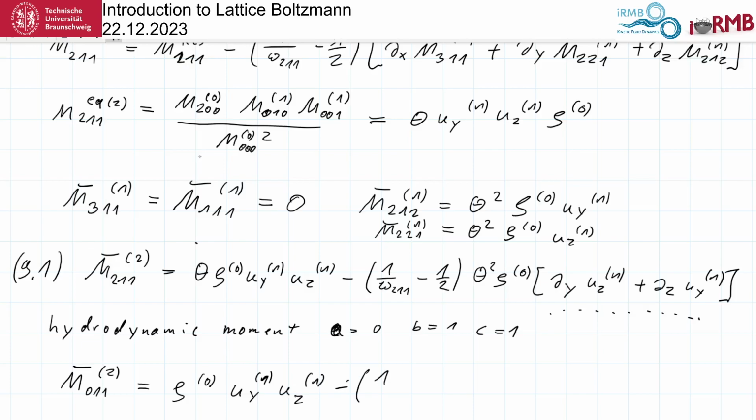Here comes, because the hydrodynamic moment, it comes with the BGK relaxation rate, minus 1/2. It comes with theta, rho 0, and here there is the same term as the above. Okay, so this reappears. So what?